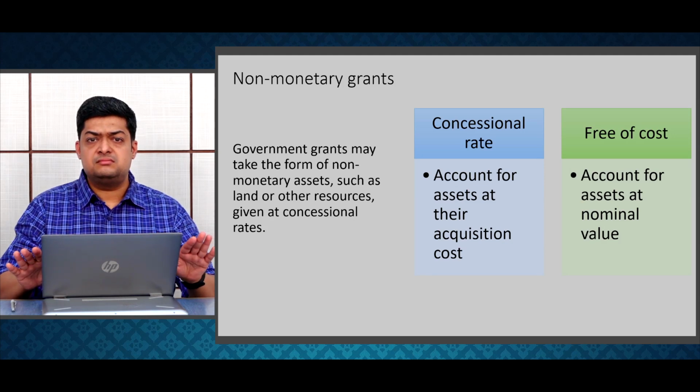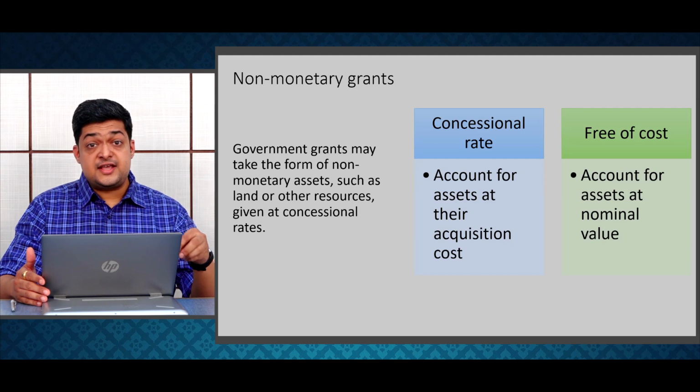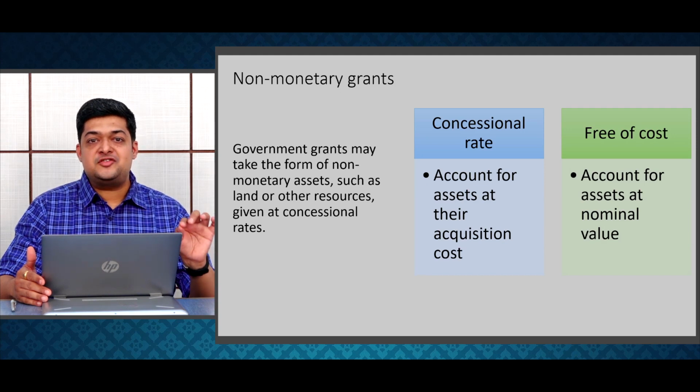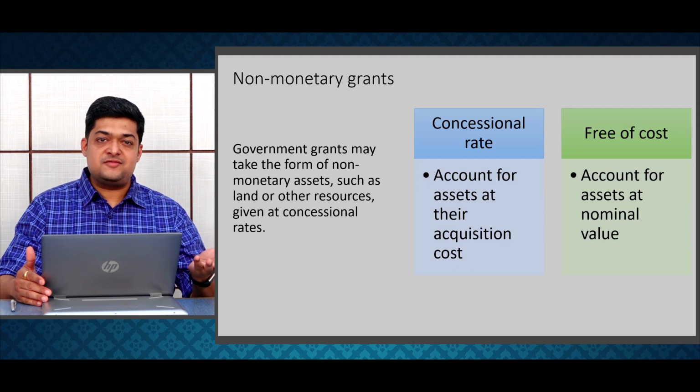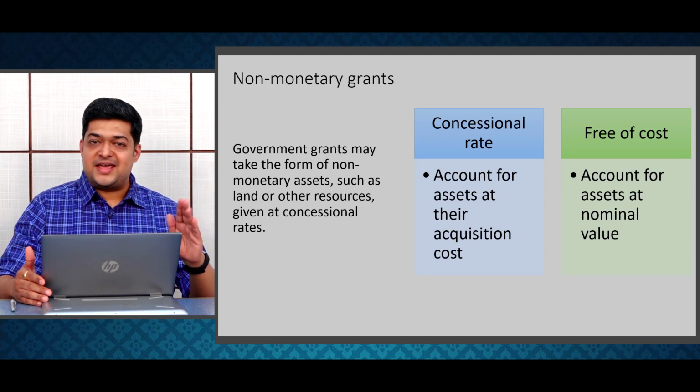Extremely easy. When the asset is given to you at concessional rate, we account for that asset at acquisition cost. In other words, in simple words, we can say that we do not recognize grant at all. How? Case 1.